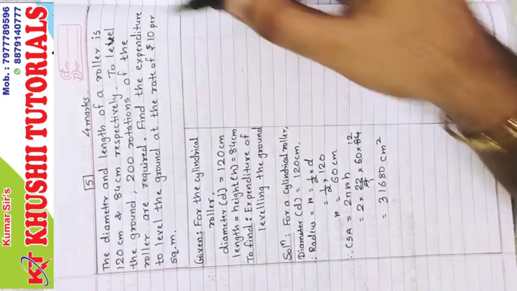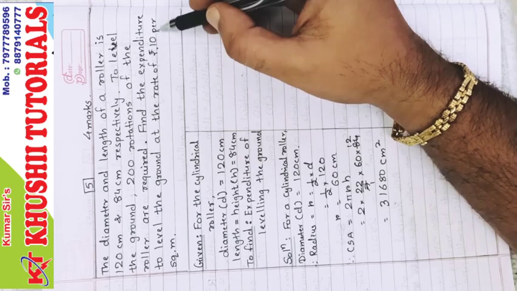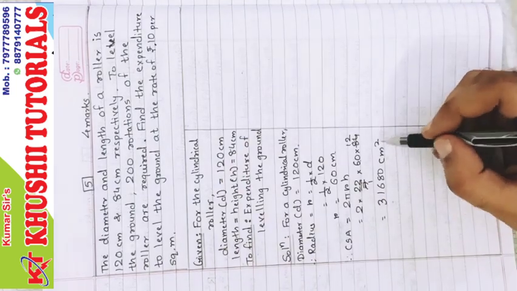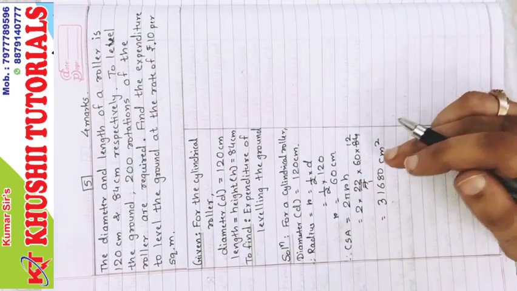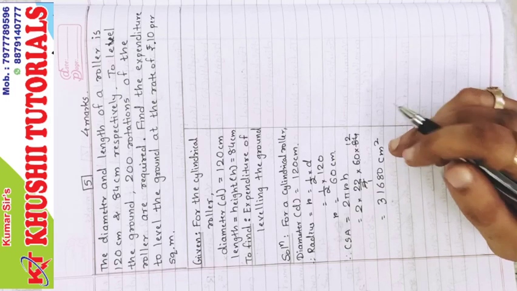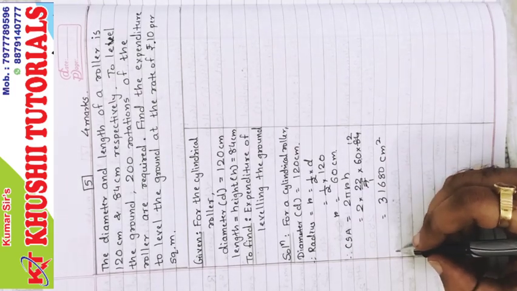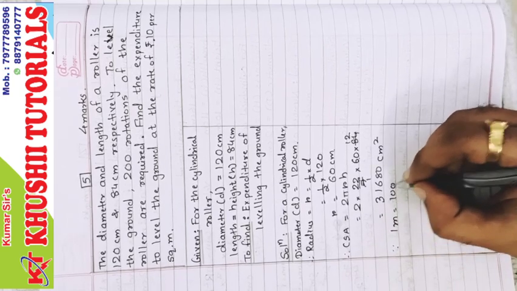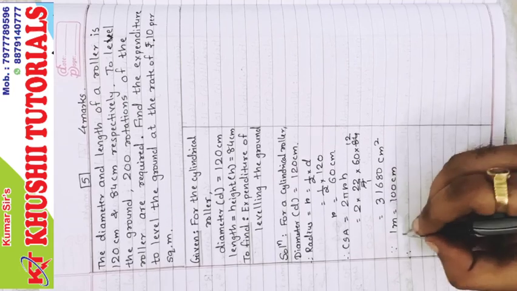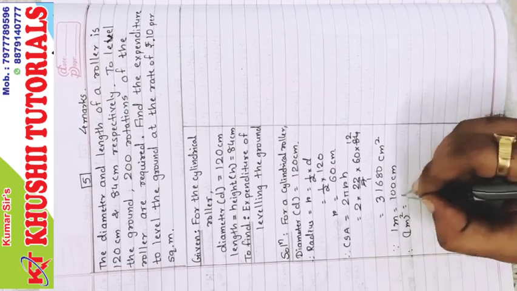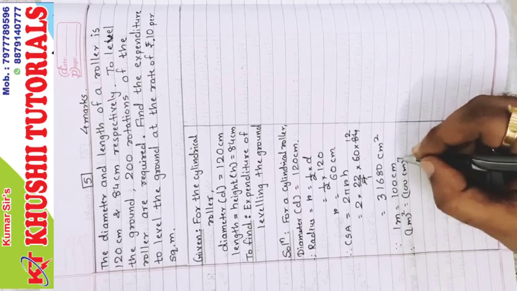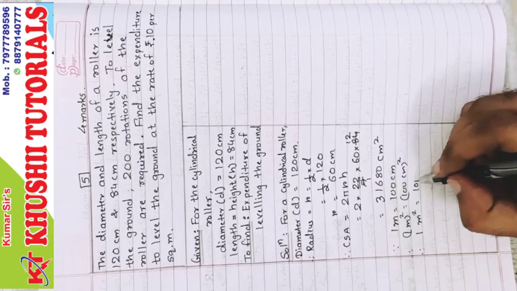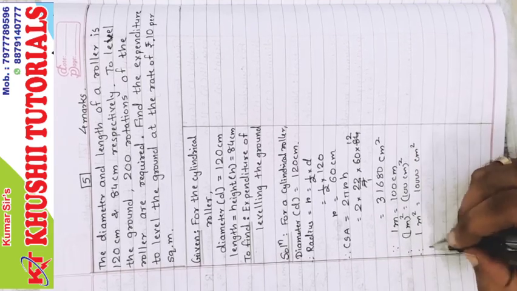But before that, the rate is given as rupees 10 per square meter. So here meter is given, but in curved surface area we got centimeter square. So first of all we have to convert centimeter square into meter square. Since 1 meter equals 100 centimeter, therefore 1 meter square equals 100 into 100, 10,000 centimeter square.